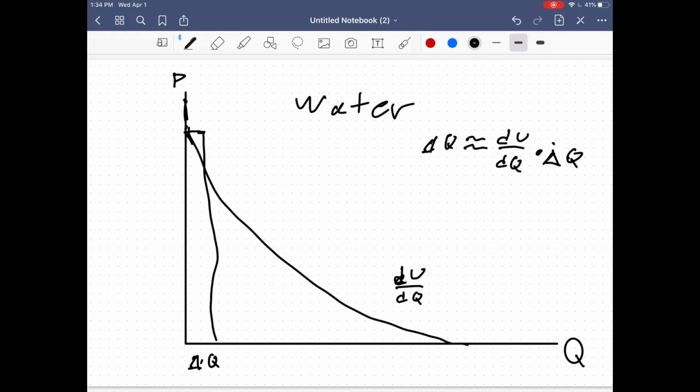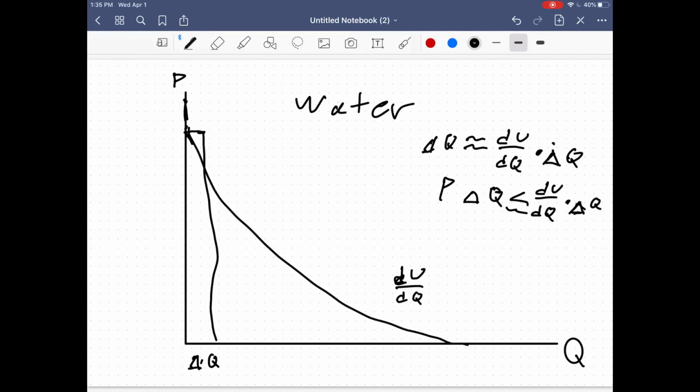The way to tell is if the price times delta q, which is how much you will pay for that extra unit of water, the cost, is less than du/dq times delta q, approximately. But this is an approximation that gets better and better for small delta q. So eventually, in the limit, this will be a perfect inequality.